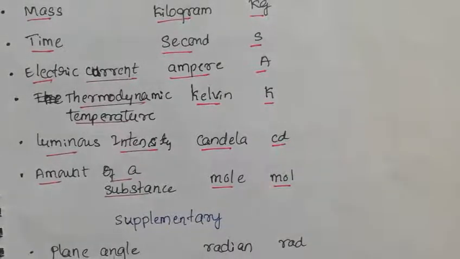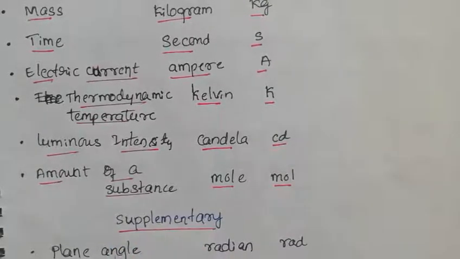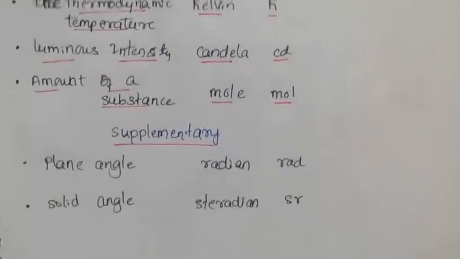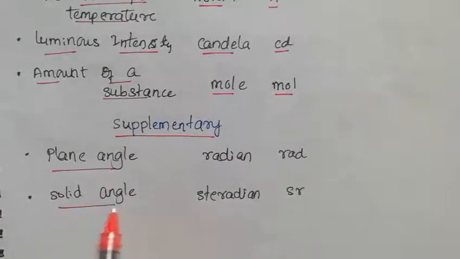Along with the 7 fundamental physical quantities, there are 2 more, which we call supplementary physical quantities. What are those supplementary physical quantities? The first one is plane angle. One more is solid angle.